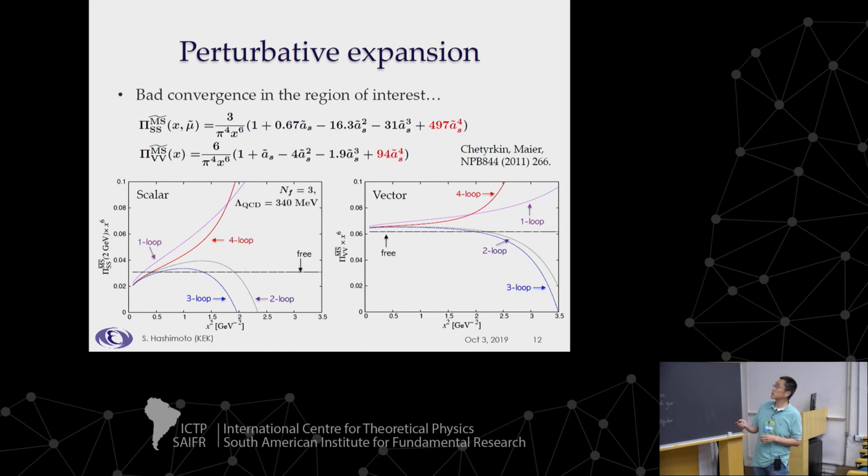If you look at, for instance, the vector piece, the one loop is written there, the two loop, three loop, and four loop. So they are jumping around. So the convergence is very bad if we naively use this scheme.